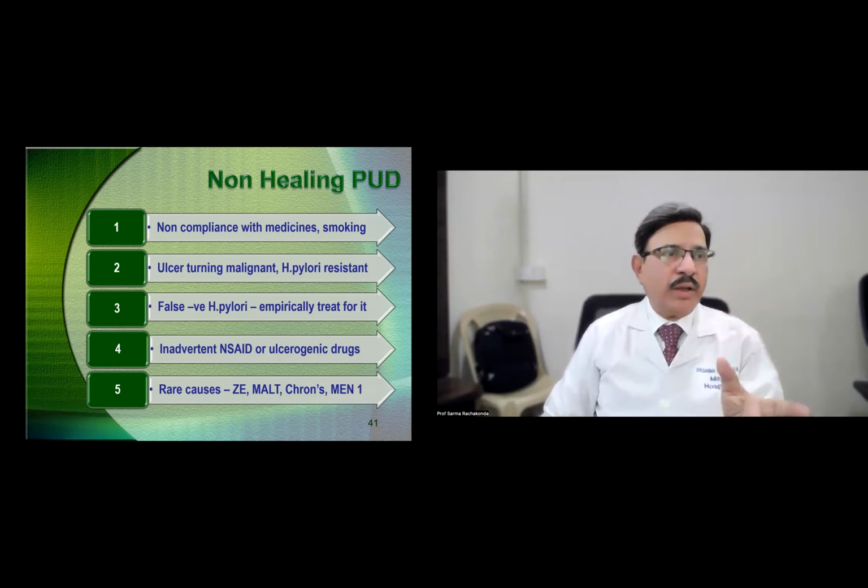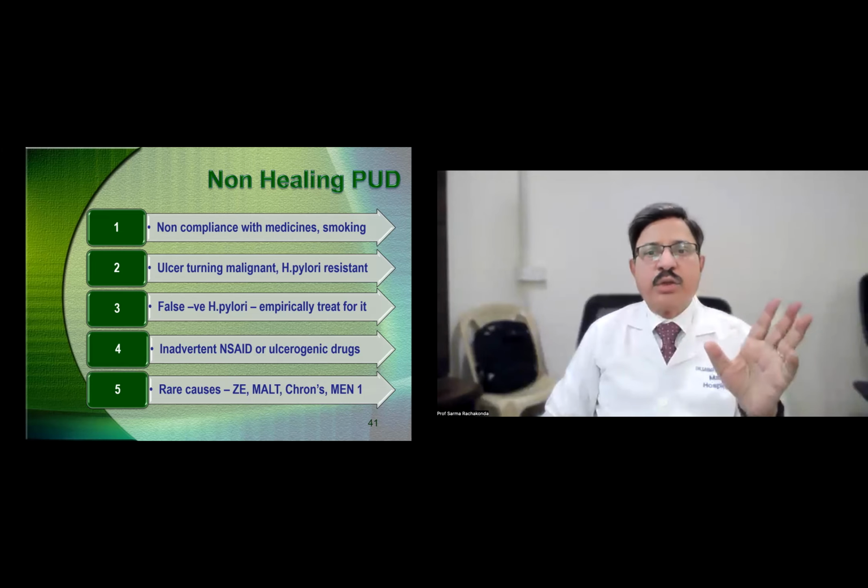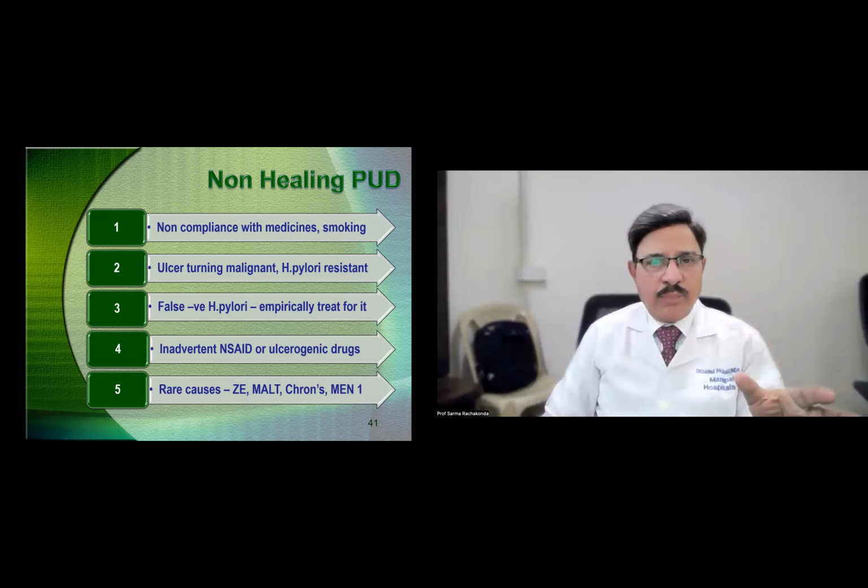So today, bismuth subcitrate and several other regimens are coming. If you just browse, you can see current treatment of H. pylori is slightly modified compared to the previous standard treatment which we all practice. So that is for resistant H. pylori. Or false positive H. pylori, you are thinking H. pylori is positive, you have put him on treatment and it is not responding.